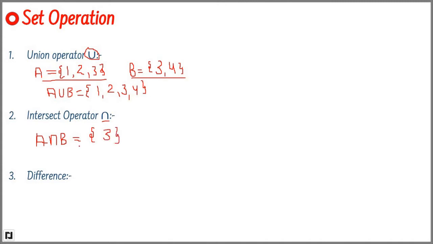In the intersection operator we have to write the common elements between the sets. So you can see here we have 3 in A and 3 in B also. So A intersection B set contains only 3.